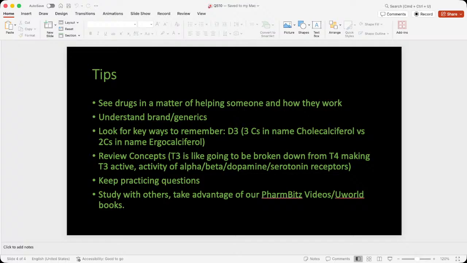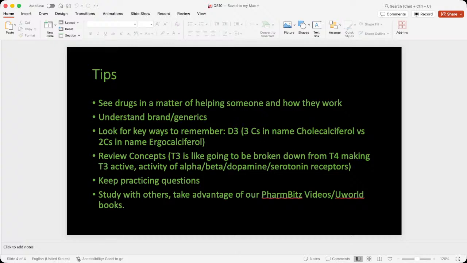So see the drugs in a matter of helping someone and how they work. Just like I mentioned earlier, it's always important to not just tell the patient, hey, this is going to help you with this, but tell them how it will help.